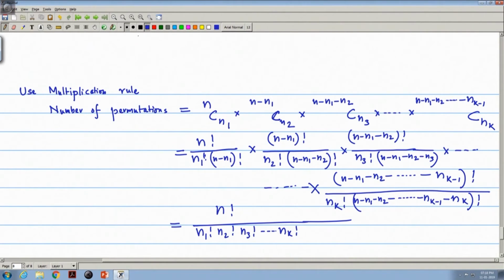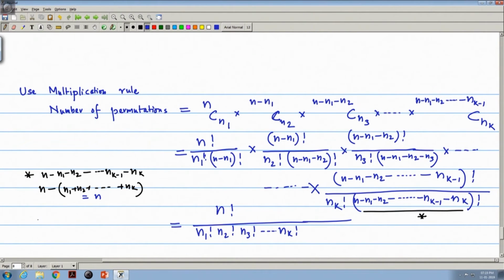Now, what is this last denominator? The last denominator is n minus n1 minus n2 minus nk minus 1 minus nk. If we remember, the size of S, that is n, is n1 plus n2 plus nk, which is equal to n only.